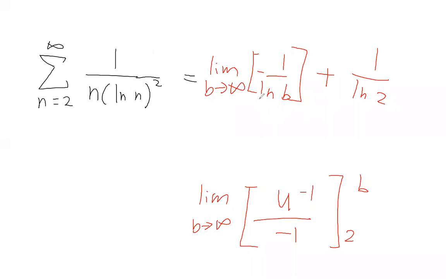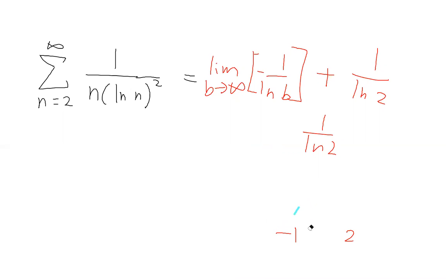So if we put infinity here, 1 over something infinite, we'll get 0, and then plus 1 over ln 2, so therefore the answer is just 1 over ln 2.